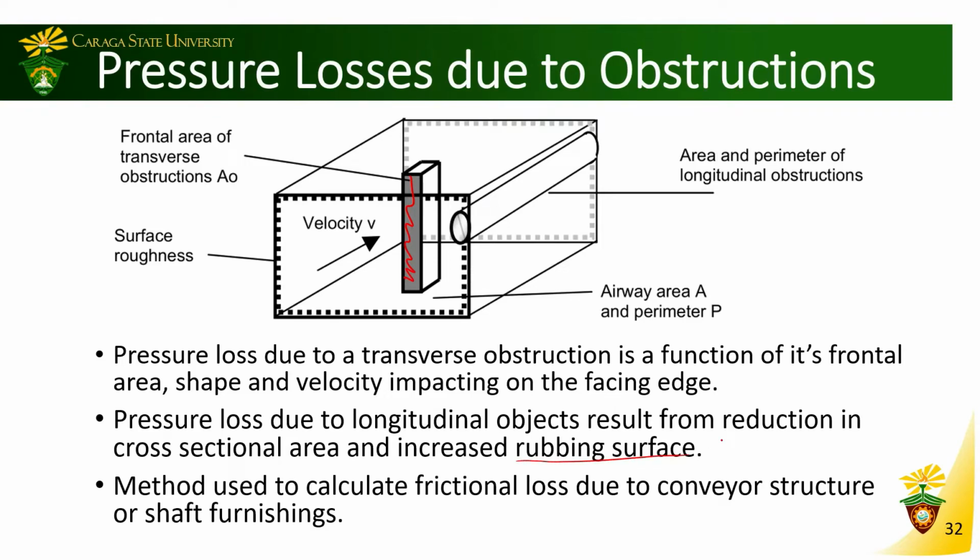Method used to calculate frictional loss due to conveyor structure or shaft furnishings. If you have pipes that you are going to install in your shaft, or for example the cage, what would be its effect in terms of pressure losses by installing these structures or furnishings inside the shaft? This is the method to determine that particular parameter.